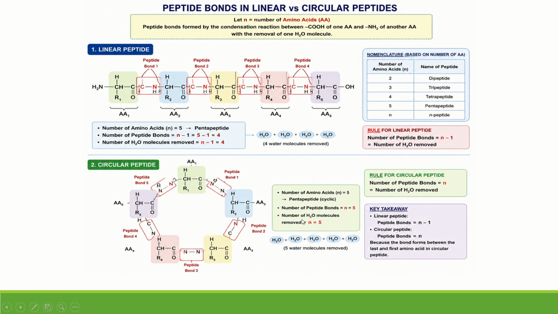So, number of water molecules removed are also 5. So, linear peptide bonds is equal to n minus 1. In a circular peptide bonds is equal to n, because the bond forms between the last and first amino acid in a circular peptide. So, here also we are going to get one more peptide bond with the binding of the first and last amino acids.